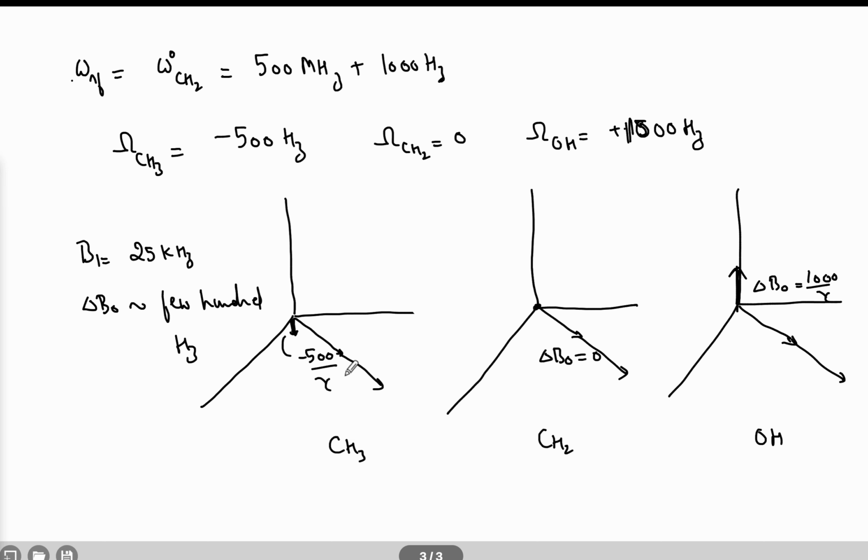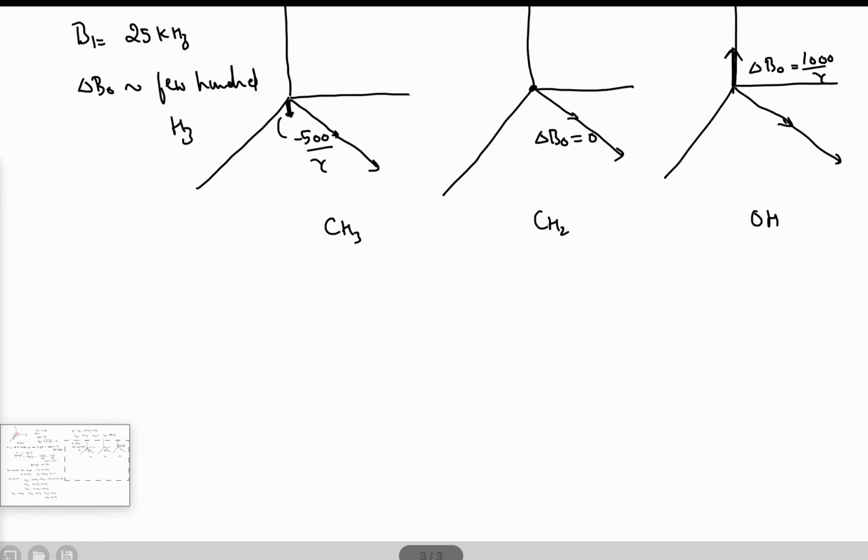So given the same duration of the B1 field, the flip angle for all three will be slightly different. Although the difference here is not much, there would be a very slight difference in the flip angles.